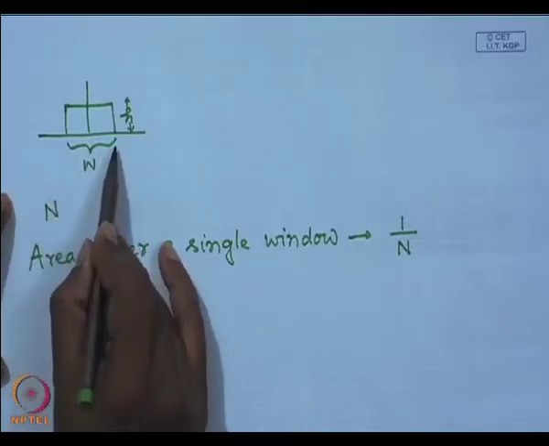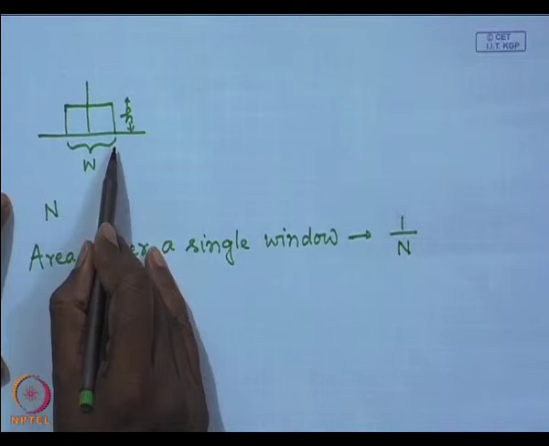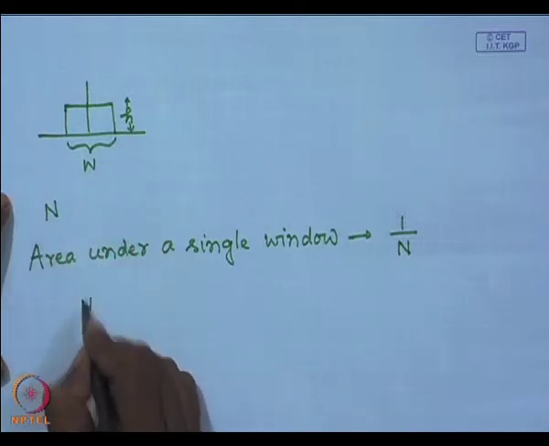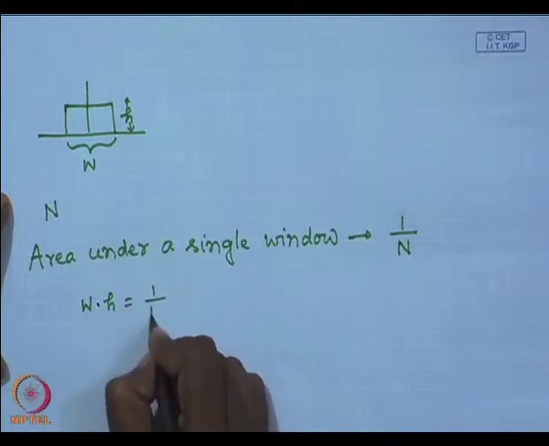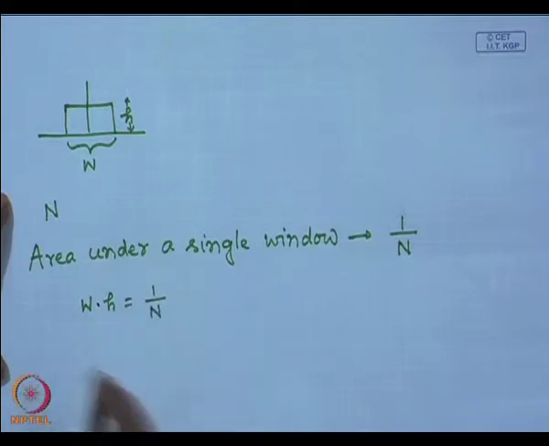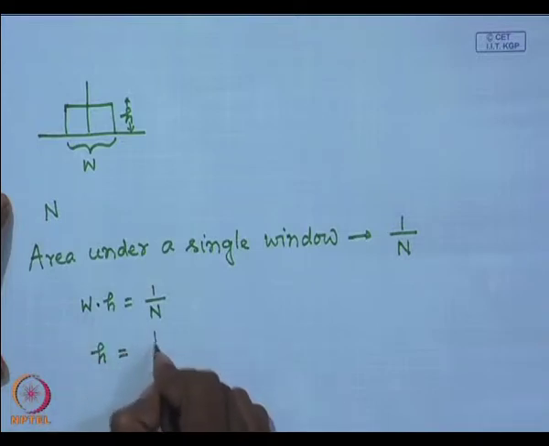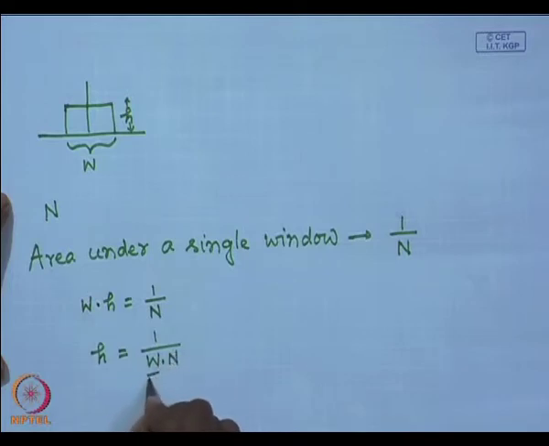And as I have fixed the width of the window function, which is w, the area under this window is w times h, which will be equal to 1 upon capital N. So, naturally the height of the window function h will be equal to 1 upon w times N, where w is the width of the window and N is the number of samples which are given for probability density estimation.